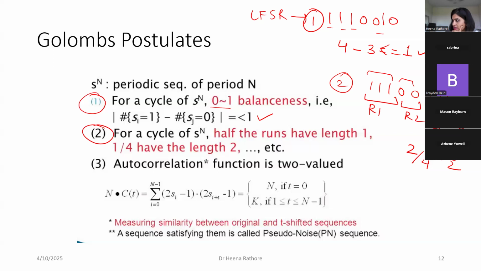Here in this case, it is 2 over 4, because there are 4 runs. That is the reason half the runs have length 1. Then 1/4 should have length 2. Here in this case, we have only 1, so 1 over 4 have length equal to 2. This is your only run which has length 2, which means rule number 2 is also satisfied.